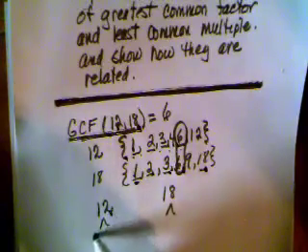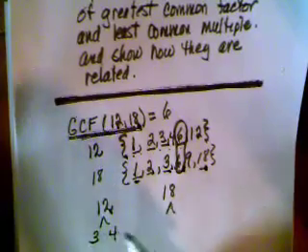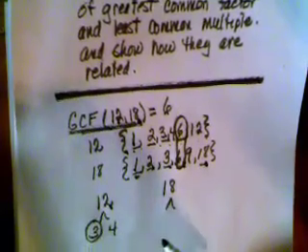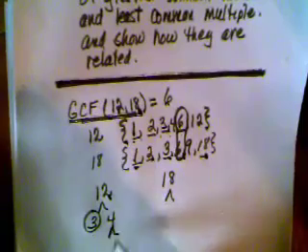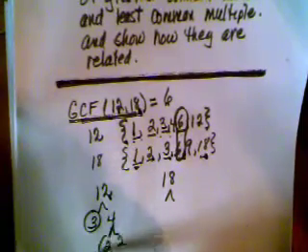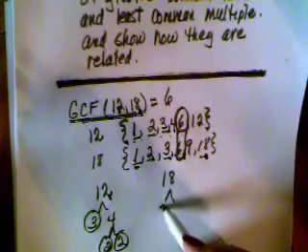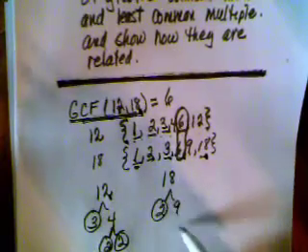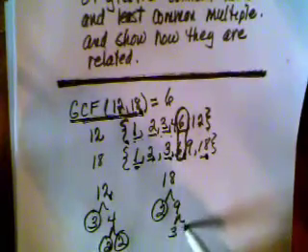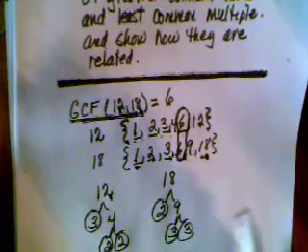So I could break 12 down into 3 times 4, where 3 is prime, and I'll break 4 down into 2 times 2. Break 18 down into 2 times 9, and 9 down into 3 times 3.